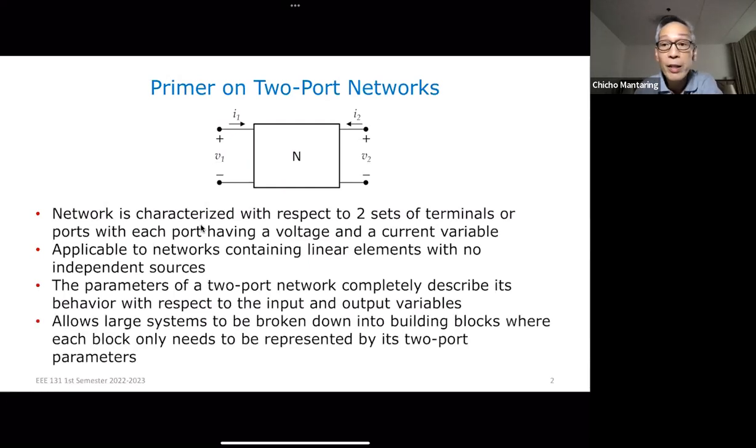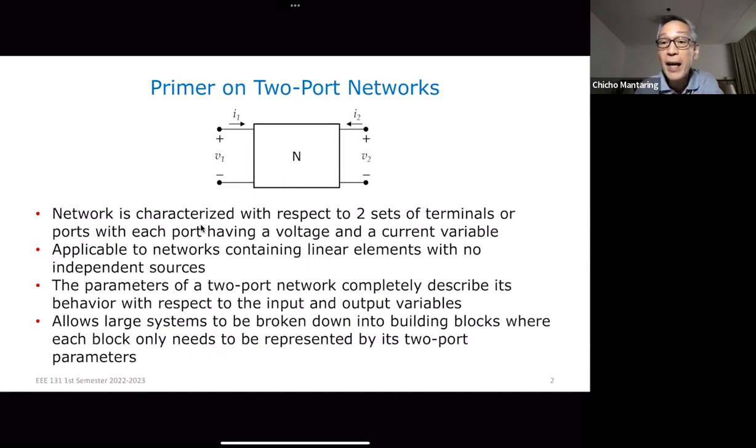And in doing so, this allows large systems to be broken down into building blocks, where each building block needs only to be represented by its two-port parameters. So that is our motivation here.